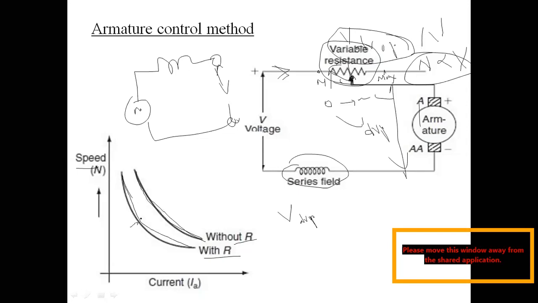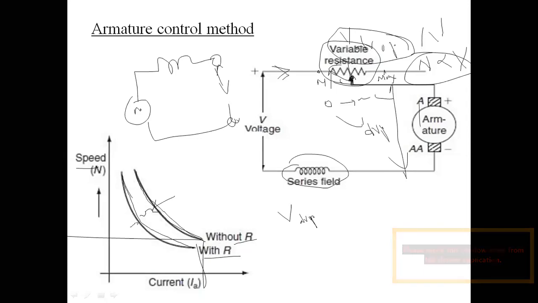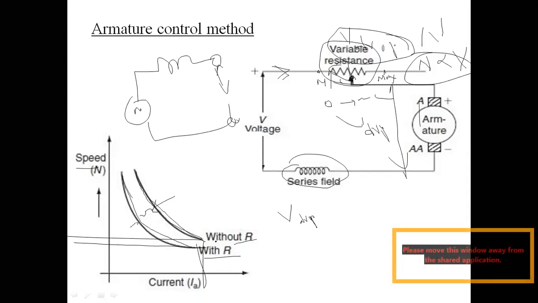This is the difference you are going to experience. At a given value of the current, you have this; at the same value of current, you have a speed which is less than the previous one. That's why in this method you have speed control.